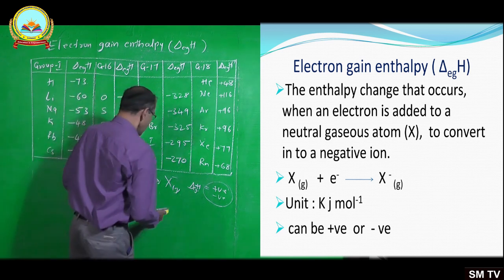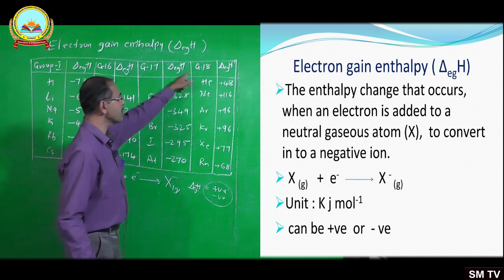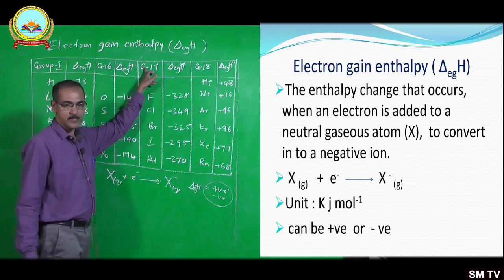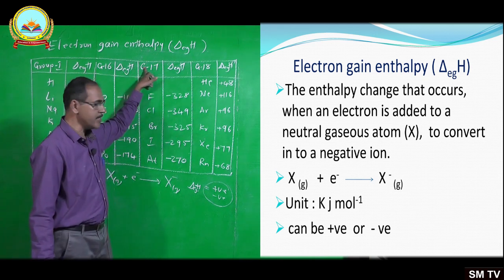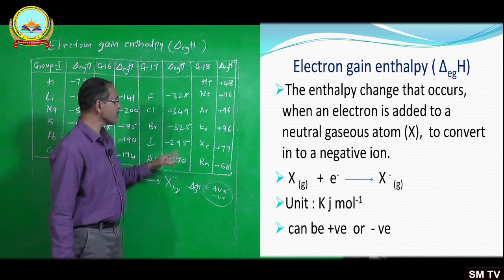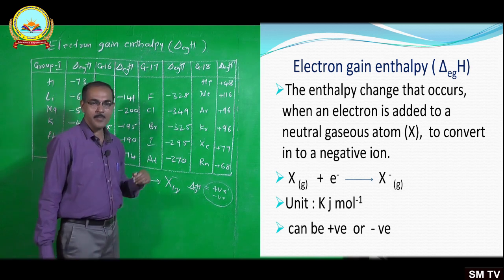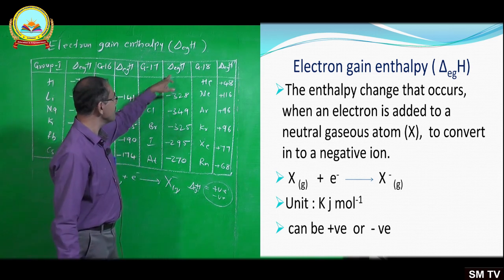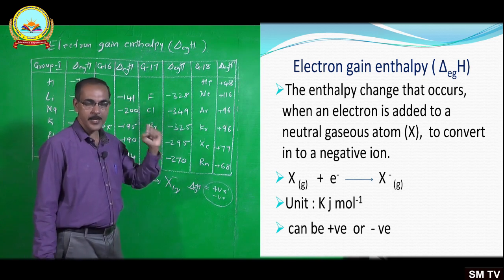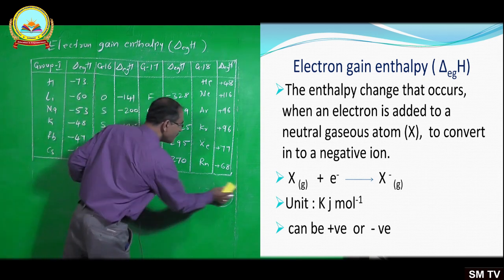See, if you look at the periodic table, group 17 elements have very high negative electron gain enthalpy. Why does it happen?